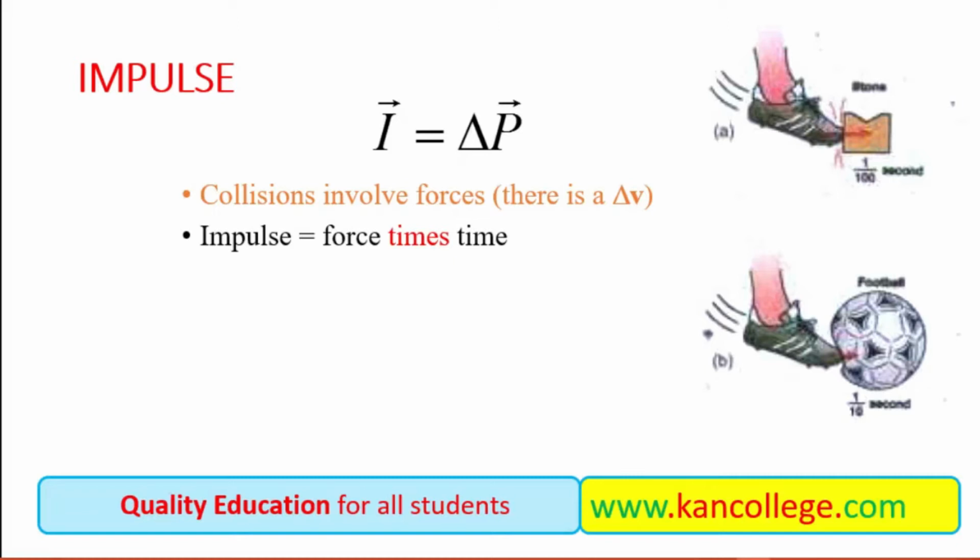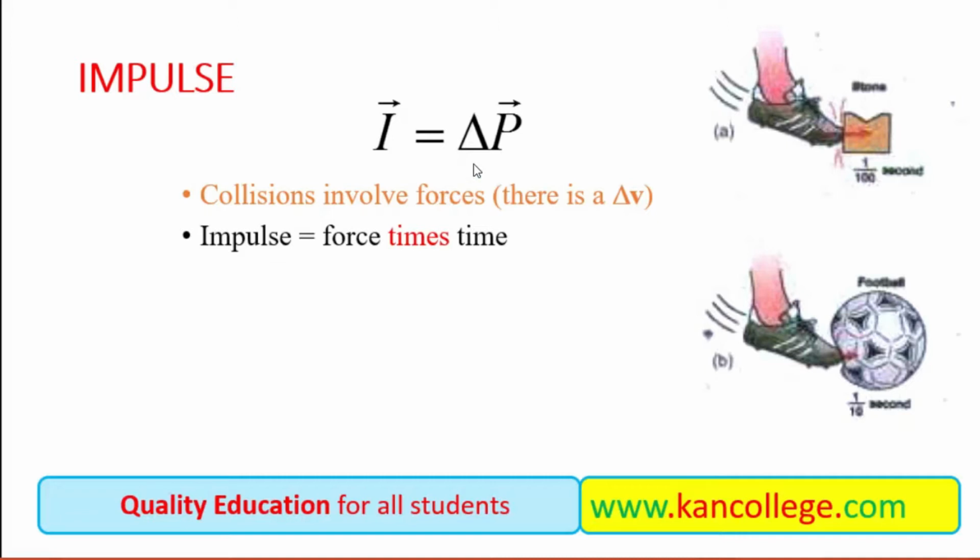But impulse is also a specific name of a relationship, a mathematical relationship between the force and the time. If the force is multiplied with the time, then the answer will be known as impulse.